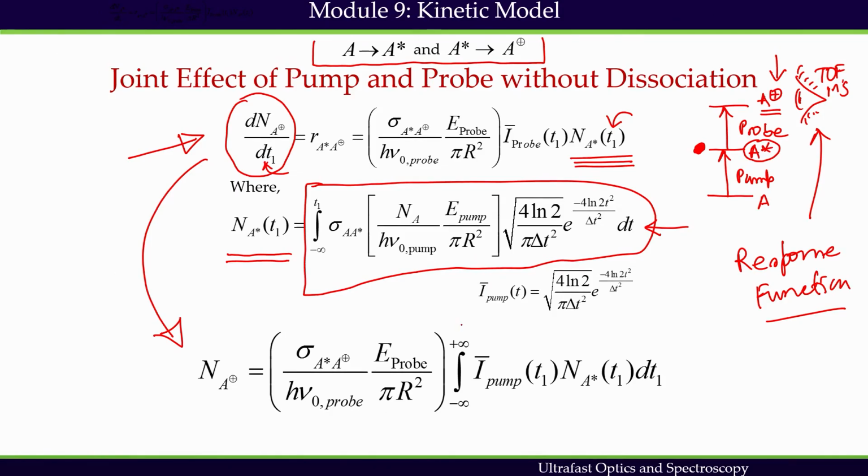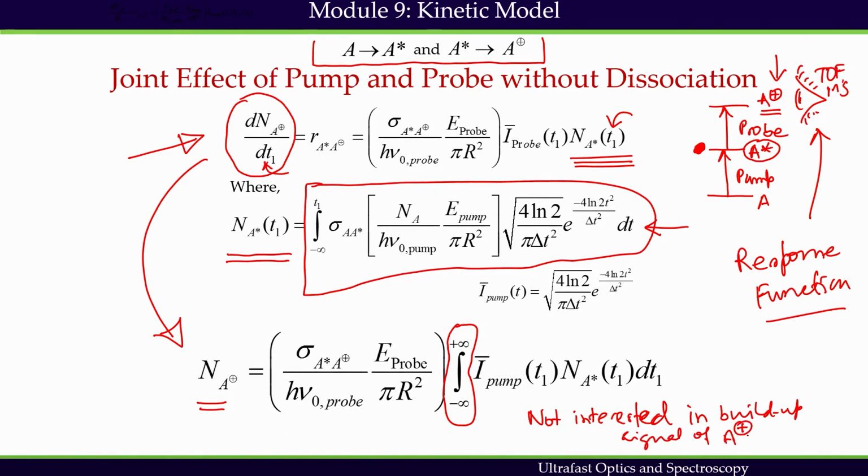So, we have to clarify this point here, why we are taking an integration limit minus infinity to plus infinity for the ion signal. We are looking at the total ion signal produced due to joint action of pump and probe. We are not interested in the build up signal of A plus.